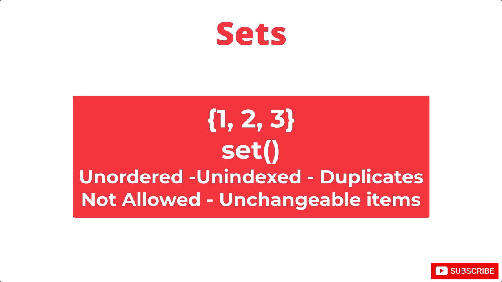And if you want to create a set in the Python language, there are 2 ways to achieve this. The first one is by using curly braces and place all the values needed inside these curly braces. The second way for creating a set in Python is by using the set built-in function or the set constructor.